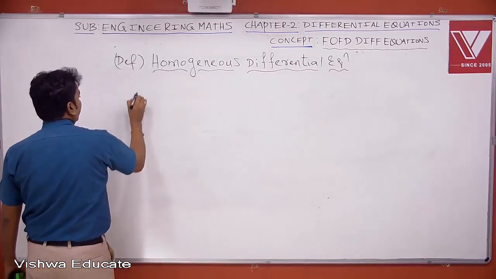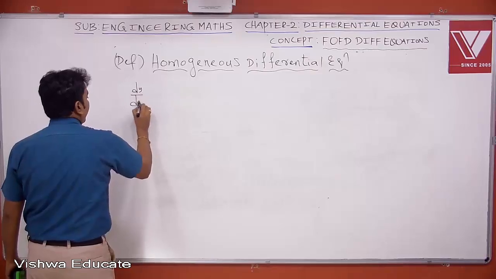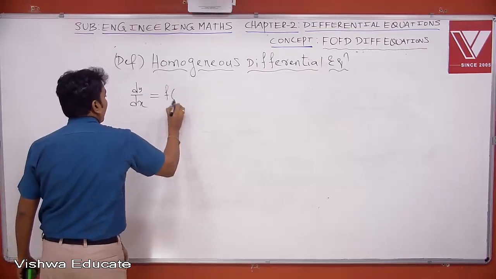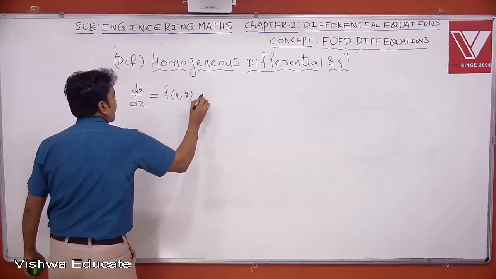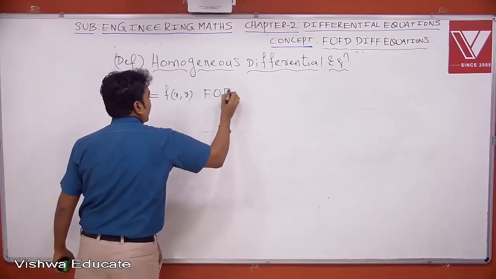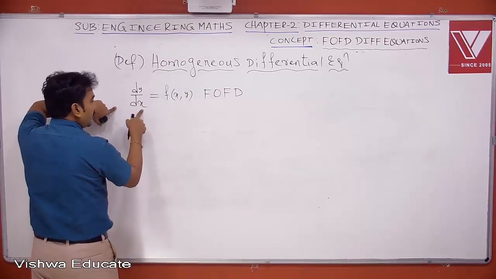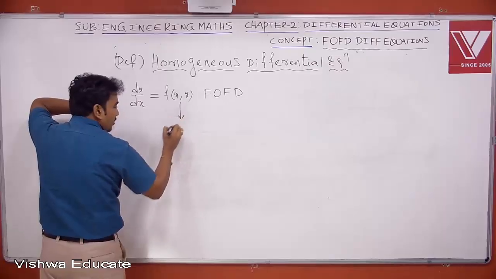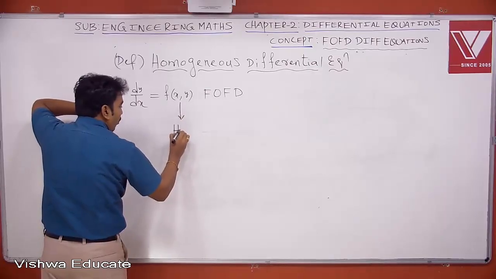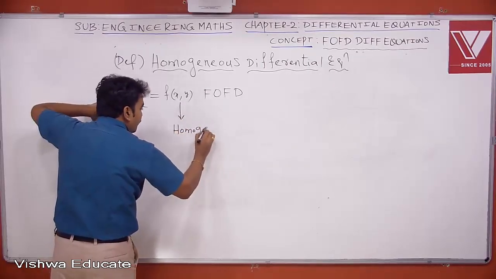Suppose we have an equation like this, dy by dx equals f of x comma y. This is a first order and first degree differential equation. We say that this is a homogeneous differential equation if this RHS function is a homogeneous function of degree 0.